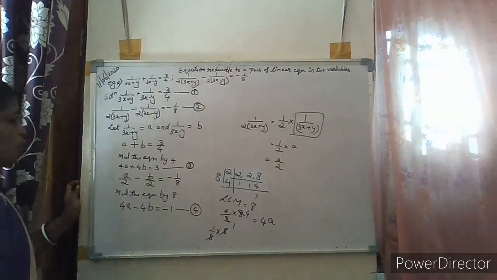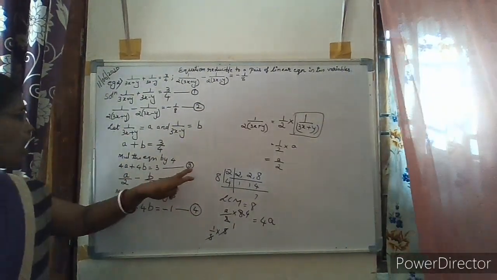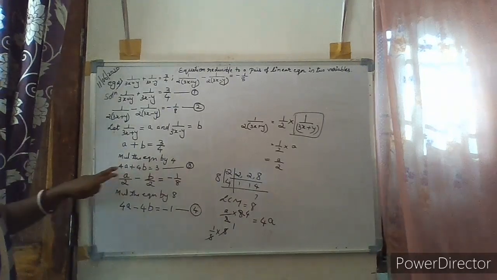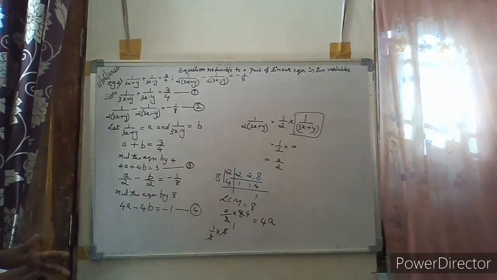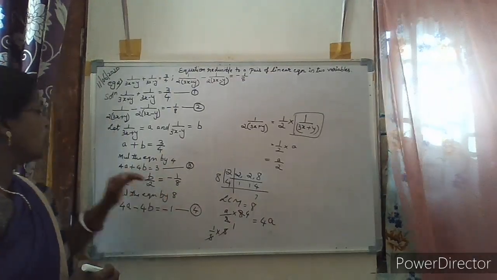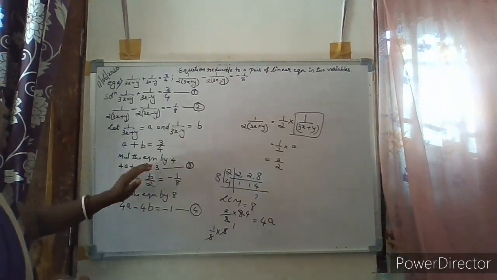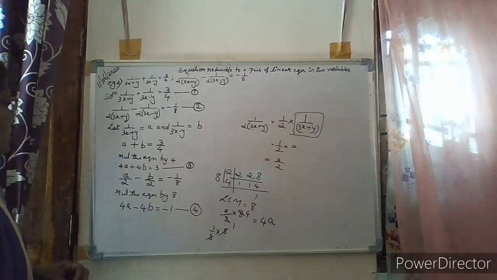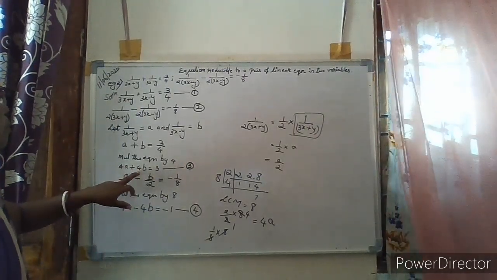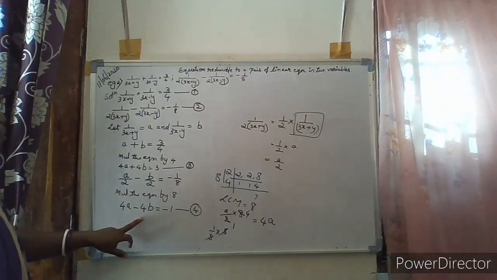So you can see that we have got equation 3 and equation 4. Simple linear equations in two variables. Now these two equations we will solve simultaneously. You can see it is plus 4b and minus 4b, opposite sign.